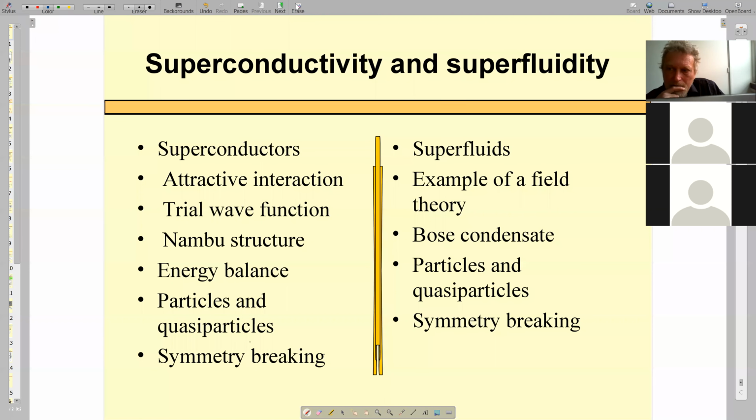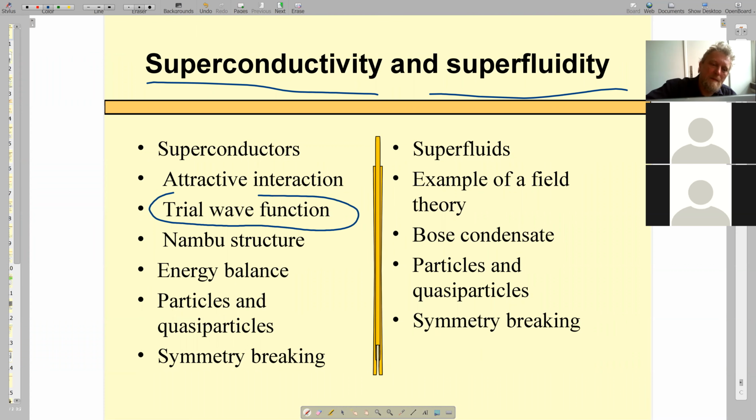So at this stage, we've been doing condensed matter examples for advanced quantum mechanics, for applications of second quantization. We talk about superconductivity, fermions, and superfluidity, bosons. For superconductors, we did everything with a trial wave function method.